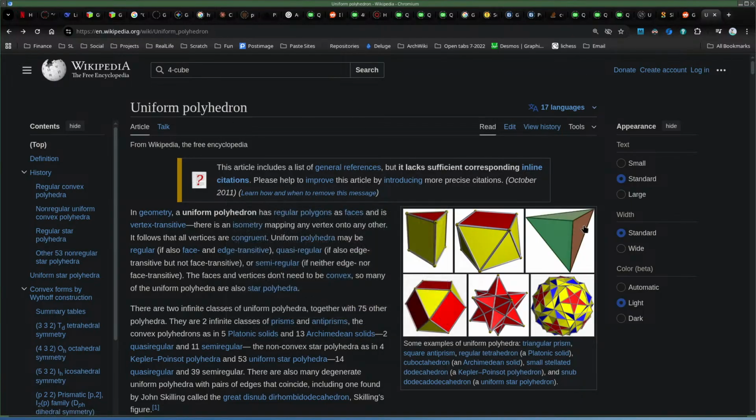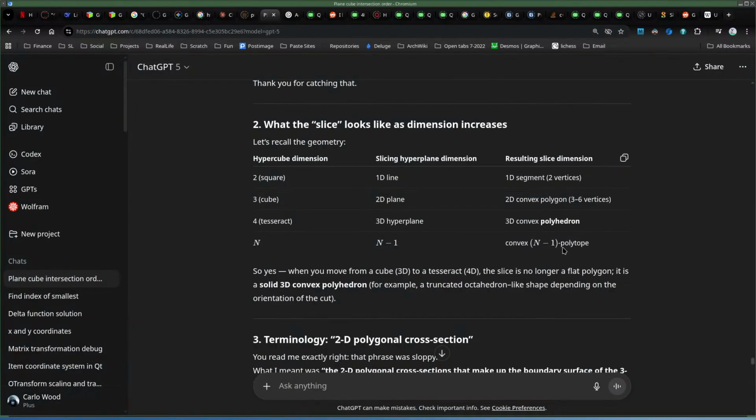A polyhedron is something that is convex. This is convex, for example. I think I still called it a polytope. Maybe polyhedron is 3-dimensional by definition, because here it switches to polytope again. Oh, I think I saw that in the table. So polyhedron is 3D.